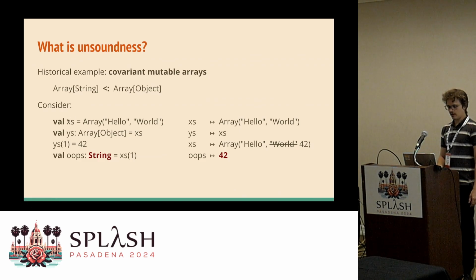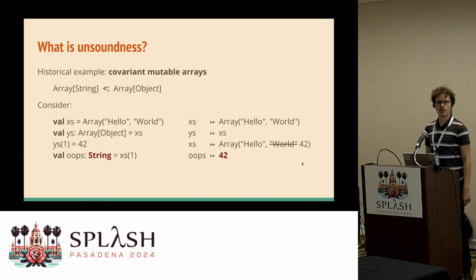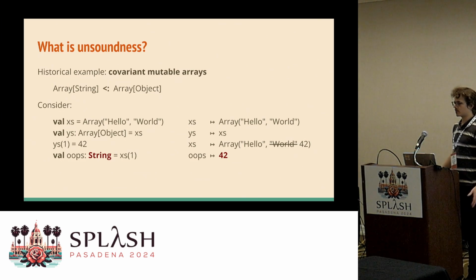But then the original variable still points to the same array. And so the same array is going to now receive values that are not actually strings. Okay? So it's a problem with interactions between mutability and subtyping.